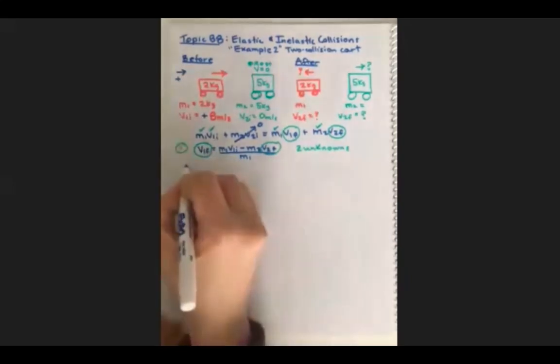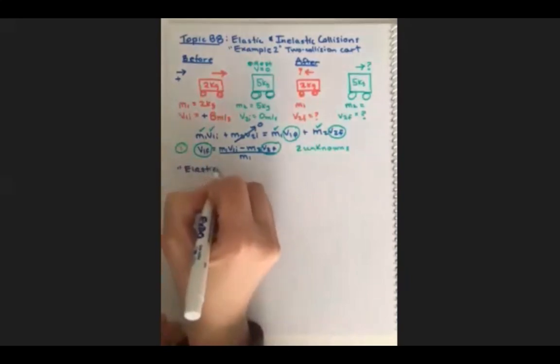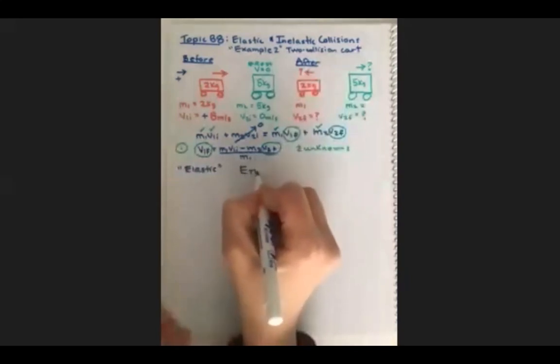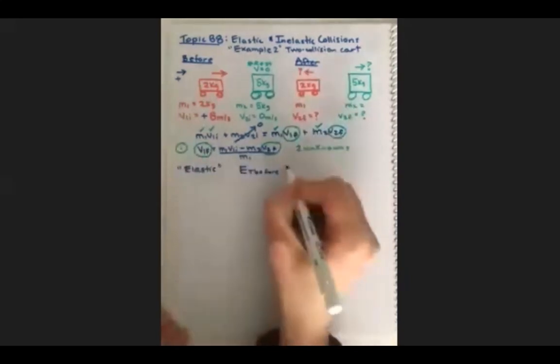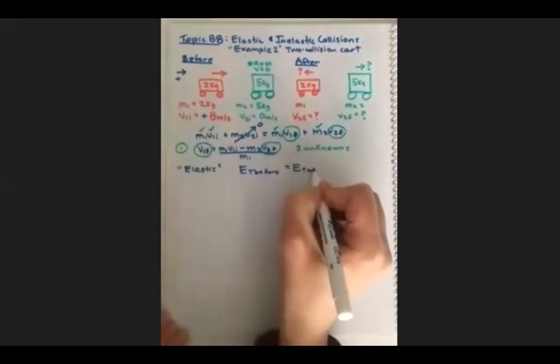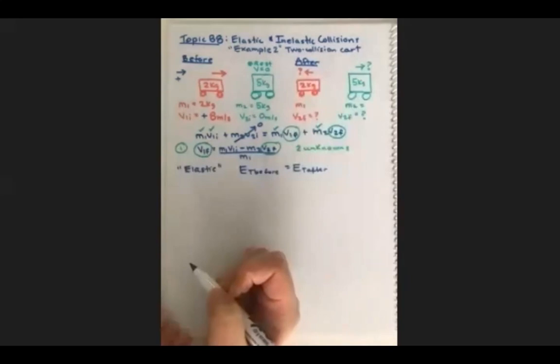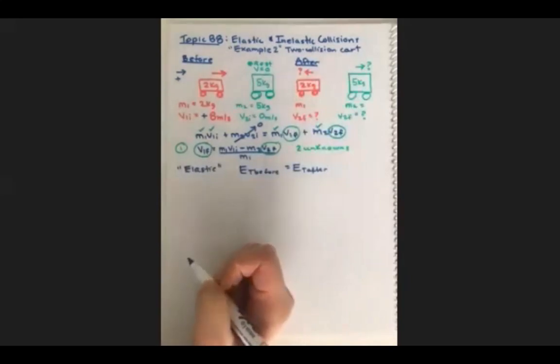So because it says elastic, we can write the energy conservation. ET before equals ET after. And we know total mechanical energy is made up of different types of potential and kinetic energy, but there's no changes in the potentials.